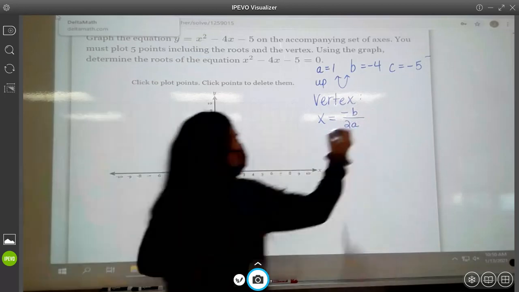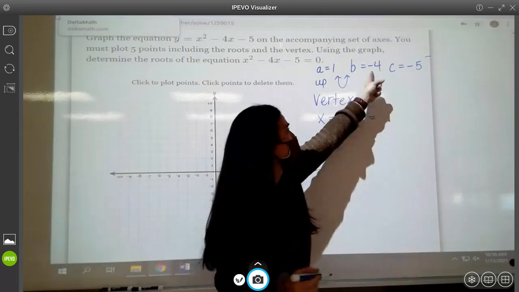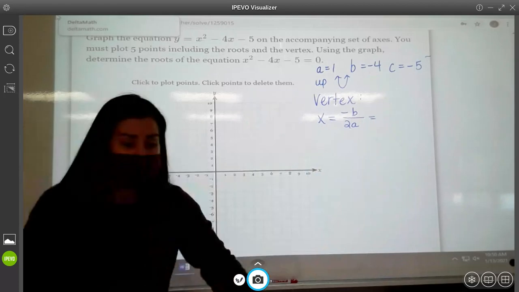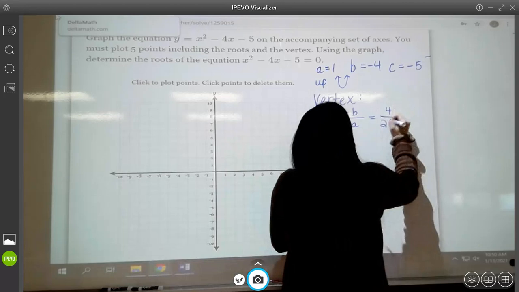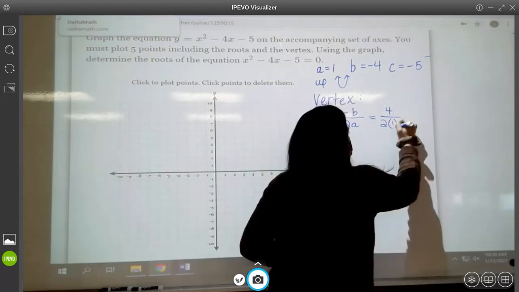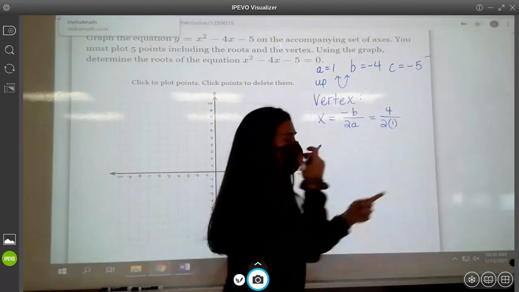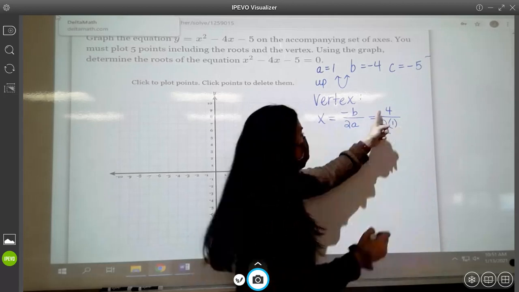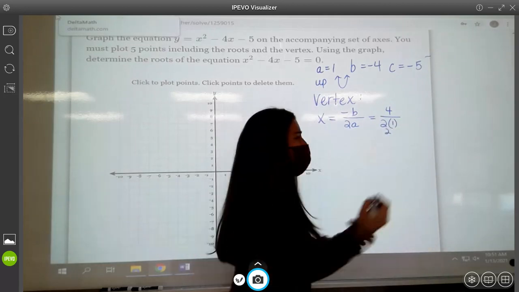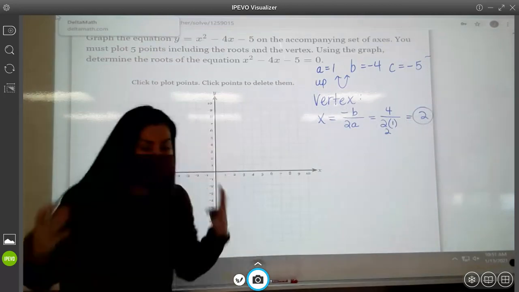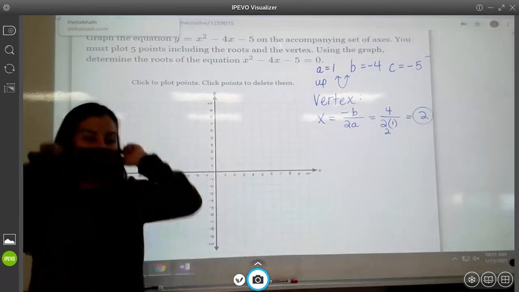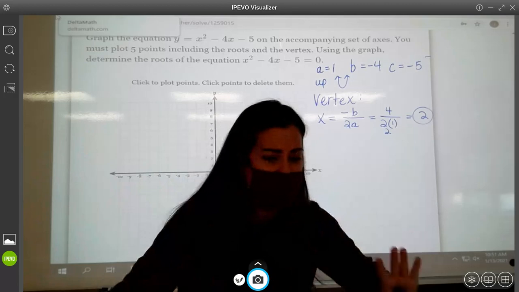So in this problem, b is -4, so the opposite of that is +4. And then it's over 2 times a, and a is 1. 2 times 1 is 2. 4 divided by 2 is 2. So that means the x-coordinate of our vertex is definitely +2. Everybody okay? Yes? We're hanging in?